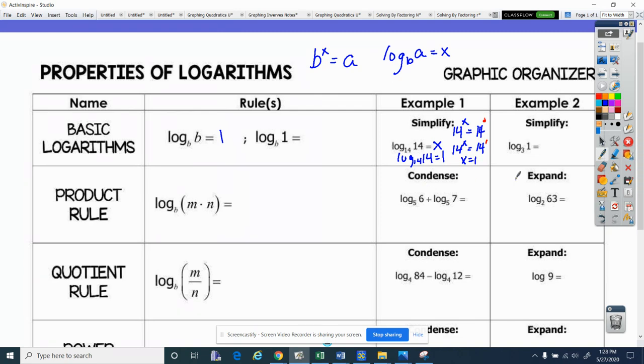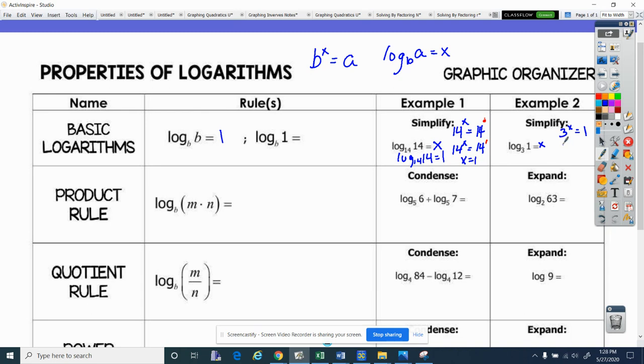All right, so let's look at this next one, which is we're going to find the rule for log base b of 1. In this case, log base 3 of 1. Well, let's just set that equal to x so I know how to convert to exponential form here. And then I'm going to just rewrite it. So my base is 3 to the x equals a, and my a is 1. So now that I've done that, I need to figure out how do I get a 1 from a 3?